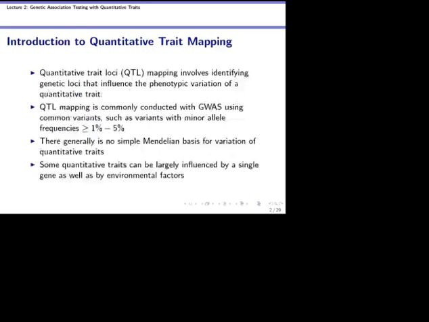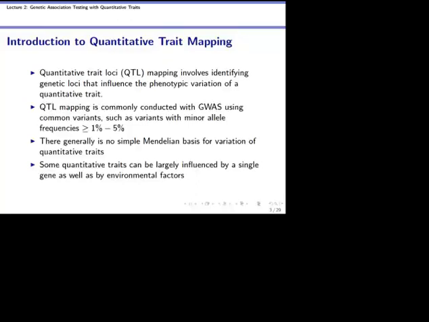QTL mapping, or quantitative trait loci mapping, involves identifying genetic loci that influence the phenotypic variation of a quantitative trait. In the previous example, we were asking if you have this variant, are you more likely to have the disease or not? Now we're interested in whether, if you have this variant, it increases or decreases your trait value.